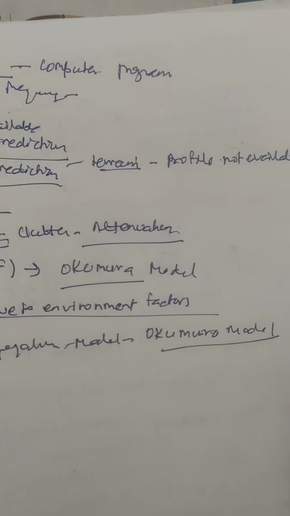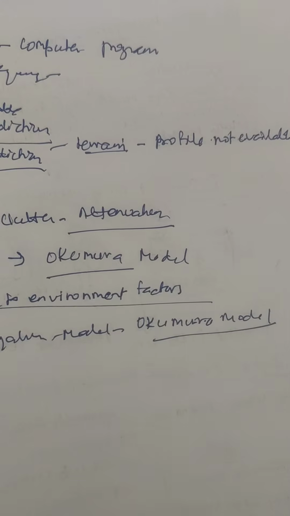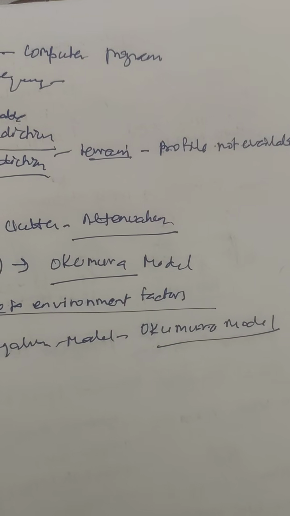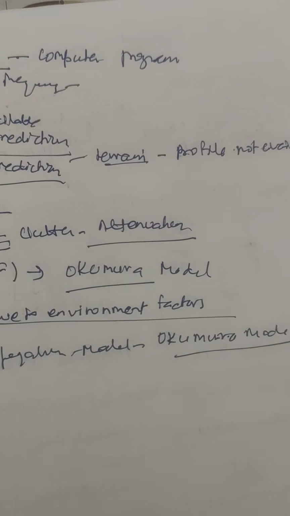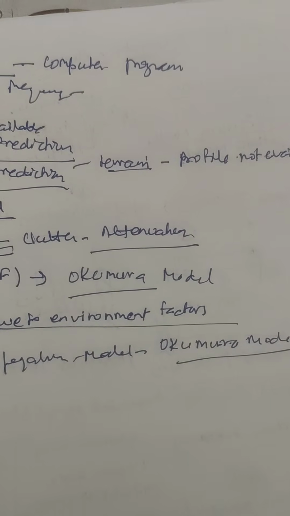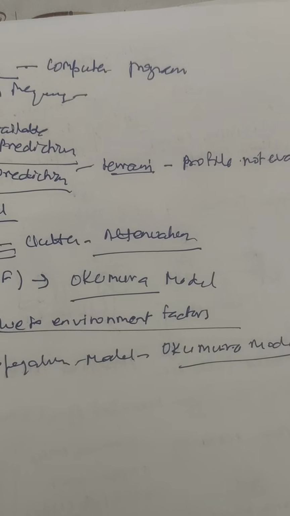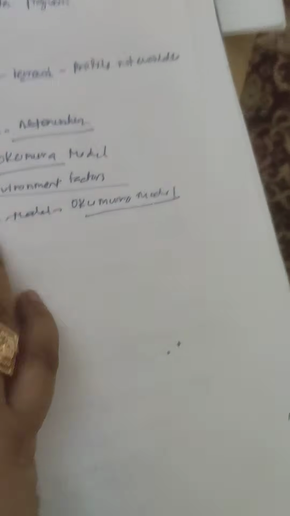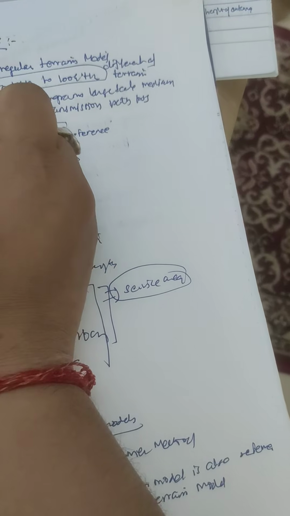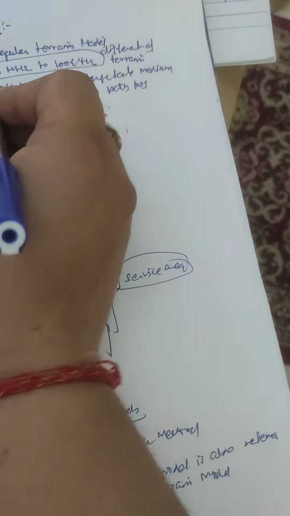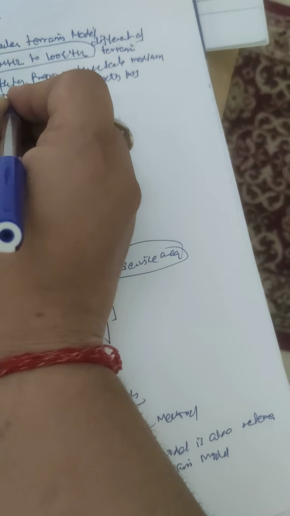So the presence of trees, buildings, and other obstacles are also taken into account in this Okumura model. It is one of the most widely used models for signal prediction in urban areas. This model is applicable for frequencies in the range from 150 megahertz to around 1920 megahertz.